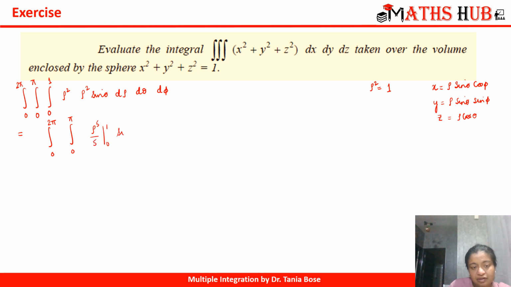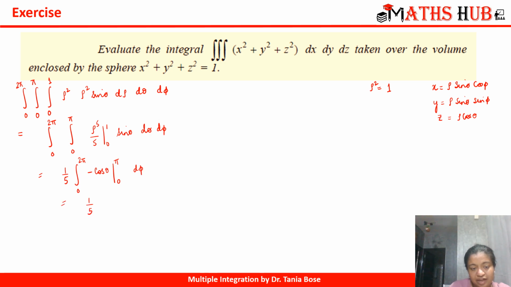And we have here sine theta, d theta and d rho. So this is 1 by 5. Then we have 0 to 2 pi. Integration of sine theta with respect to theta would be minus cos theta, limits from 0 to pi, and then we have d phi.